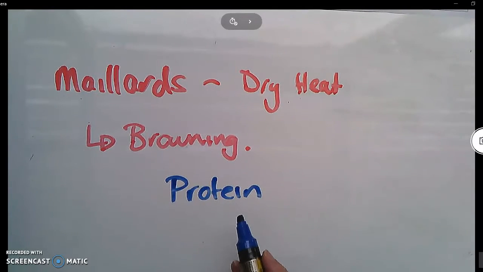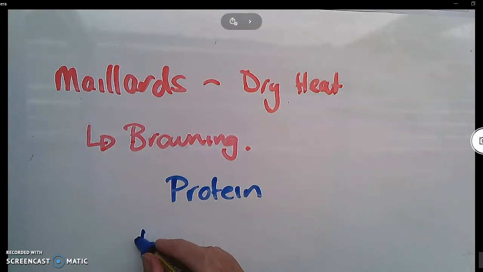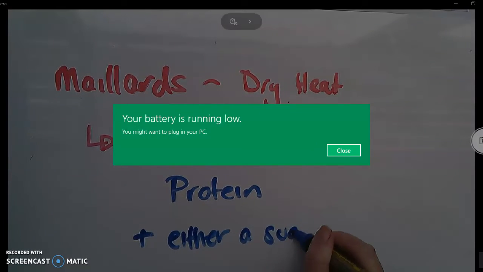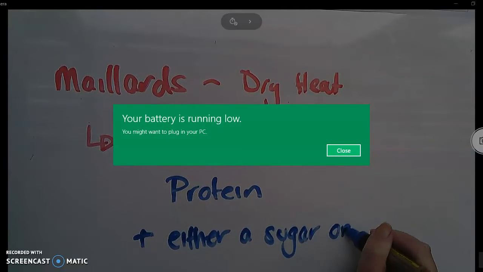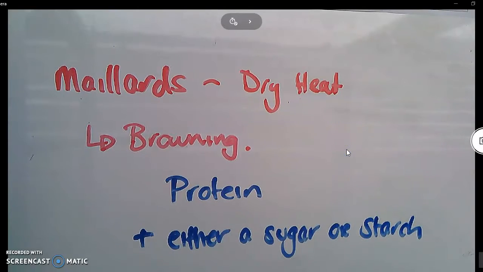And then we know that it has to have dry heat, but we also know that what has to be present is either a sugar or a starch. So when we're looking at some examples of this, it can encompass quite a lot of different products.